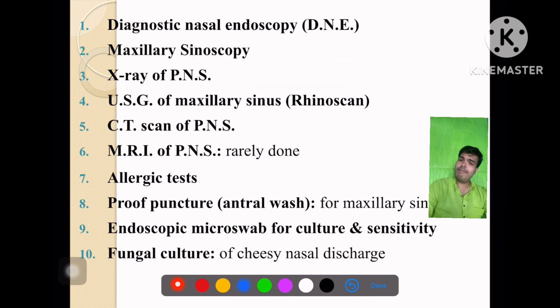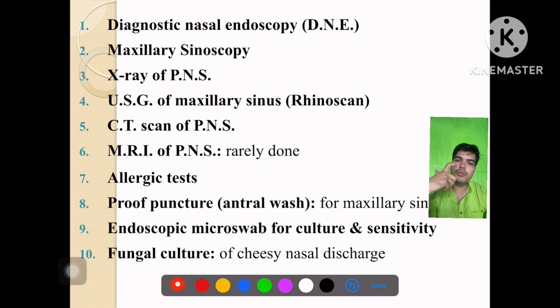So how are you going to investigate a case of rhinosinusitis? It is simple. You are going to see by anterior rhinoscopy examination, with the help of instruments like the Thudicum nasal speculum.